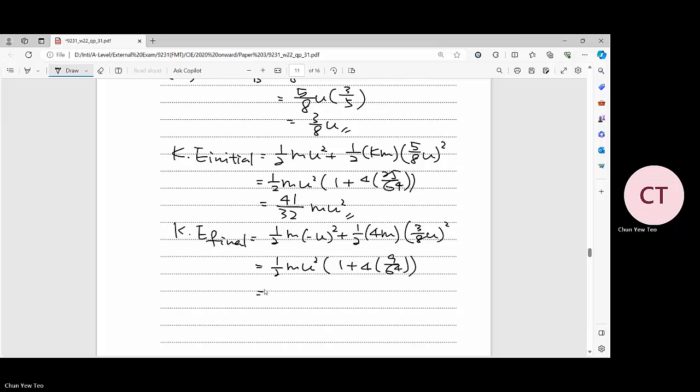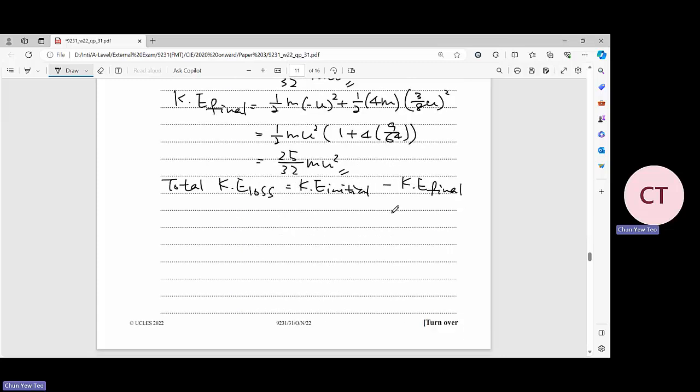Okay. 36 divide 64 plus 1, divide 2, that's 25/32 mu square. So the total KE loss is equal to the KE initial minus the KE final.